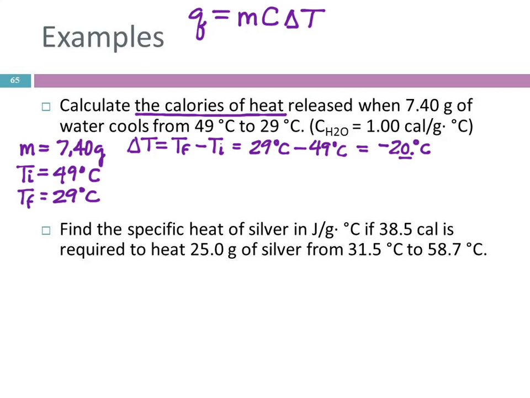But this is a significant figure because we've got two temperatures that we're subtracting, and they're each to the nearest 1 degree, and so this answer is to the nearest 1 degree. We're going to keep track of that. We have a negative temperature change. That's okay. The temperature went down. Down is negative.